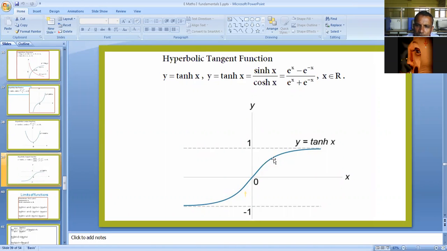Means all points will lie on the same curve. And when we are taking the negative values of x, it will lie on the curve which is in the third quadrant. Okay. So it's a graphical representation of the hyperbolic function, tan hyperbolic x.